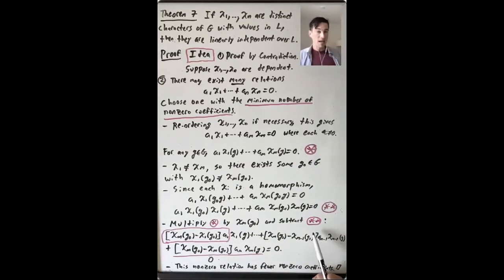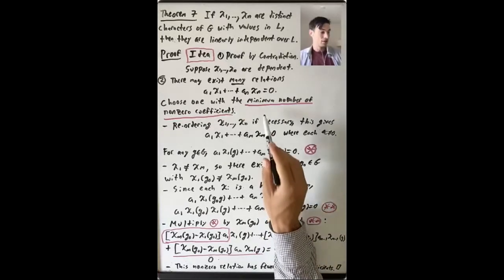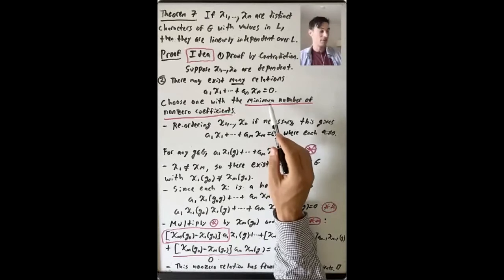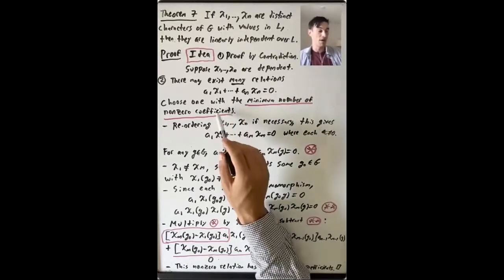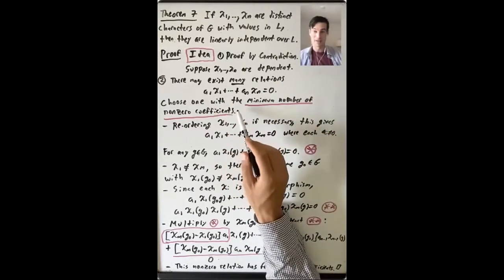We don't know how many coefficients are non-zero, but it's at least 1 and it's at most m minus 1. This is a non-zero relation with fewer non-zero coefficients. So this contradicts our choice of taking a relation with the minimum number of non-zero coefficients.